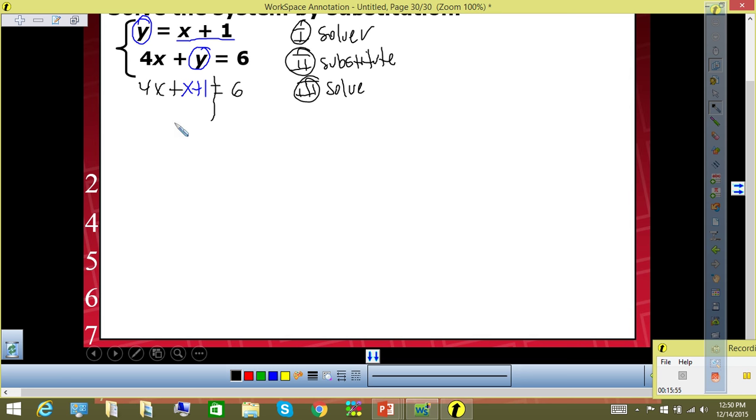So we're left with 5x plus 1 equals 6. Then minus 1. 5x equals 5. Divide by 5. x equals 1. Okay?